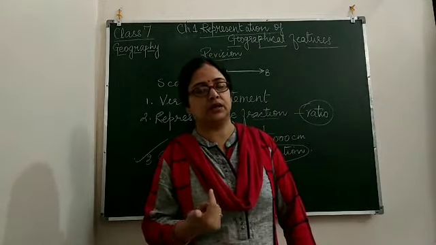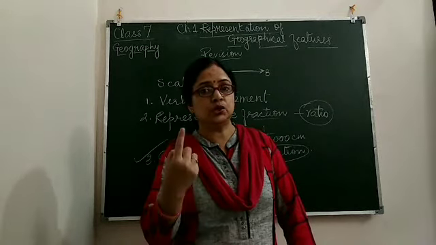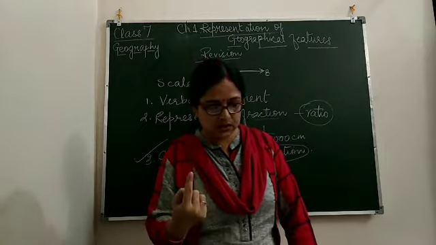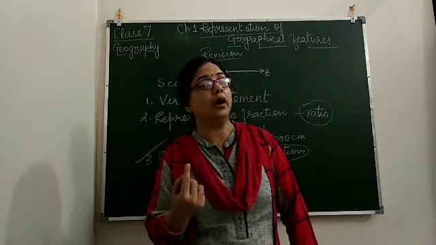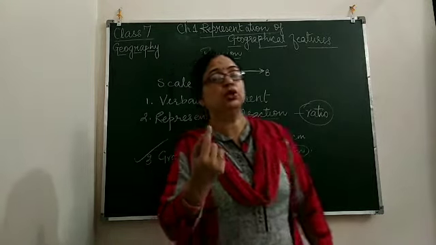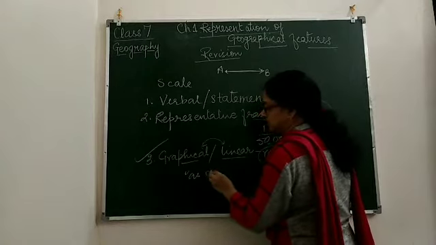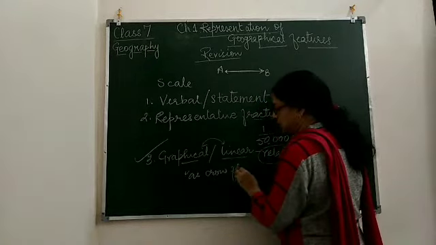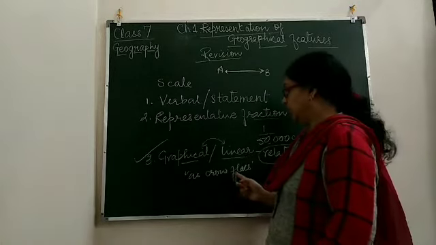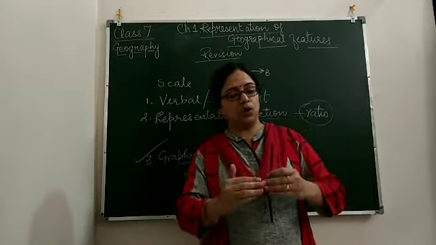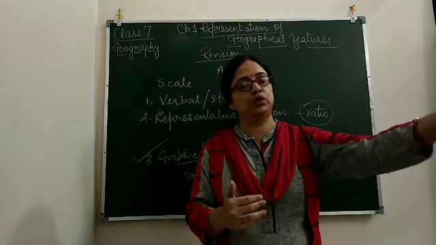Now the distance can be measured in different ways. What are the different methods to measure? First one is measuring distance in a straight line, also used as a proverb, as the crow flies. Crow flies means a crow is sitting somewhere and it flies and reaches another place.